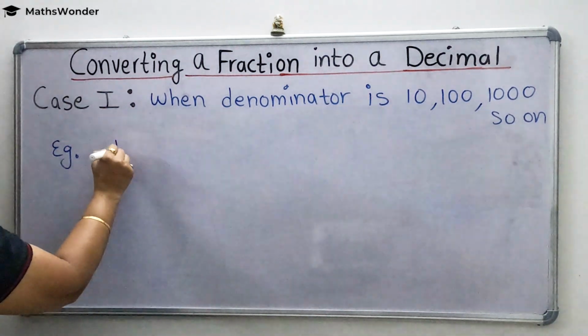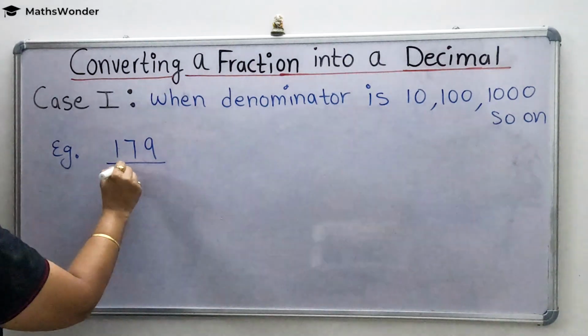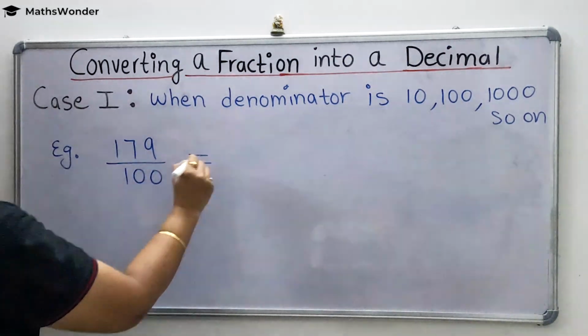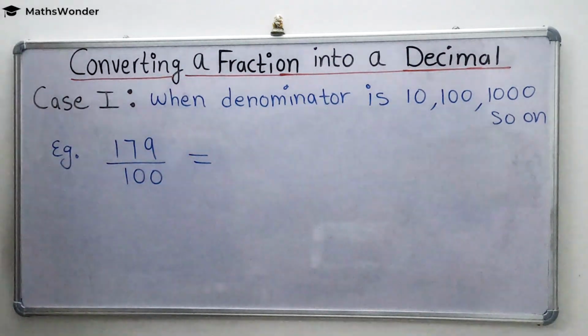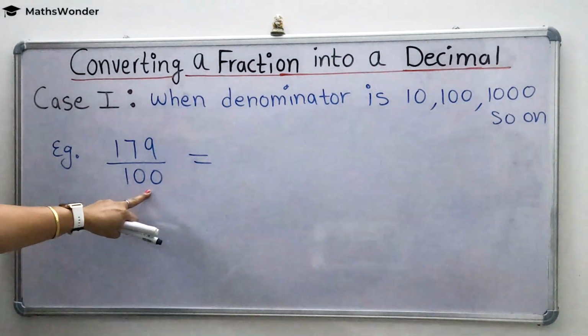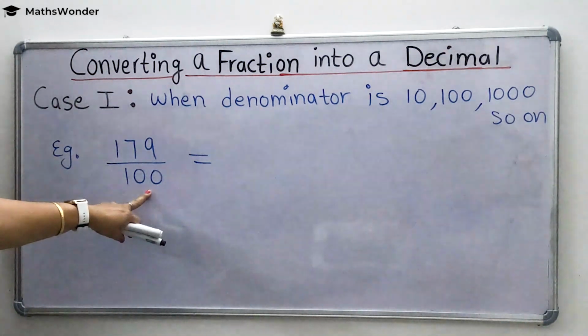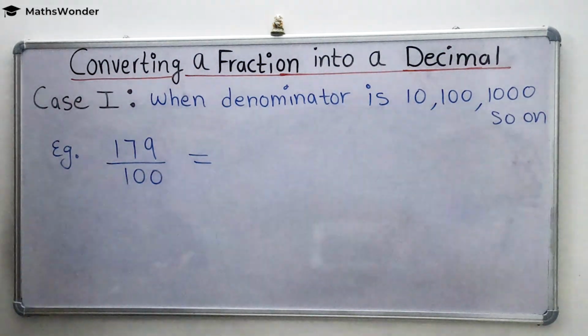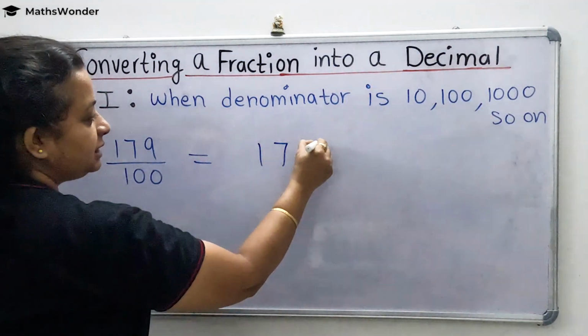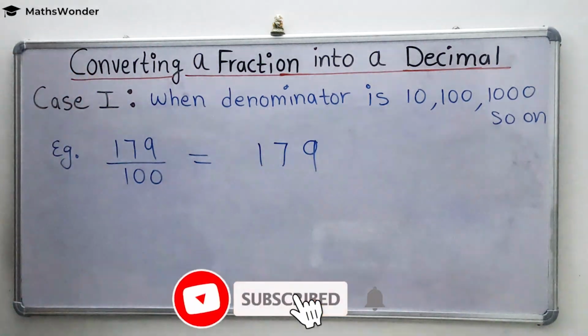So example: 179 over 100, right? How will you convert it into a decimal? First count the number of zeros in the denominator after 1. How many zeros are here? Here are 2 zeros, right? In the numerator, first write the numerator, whatever is given in the question.